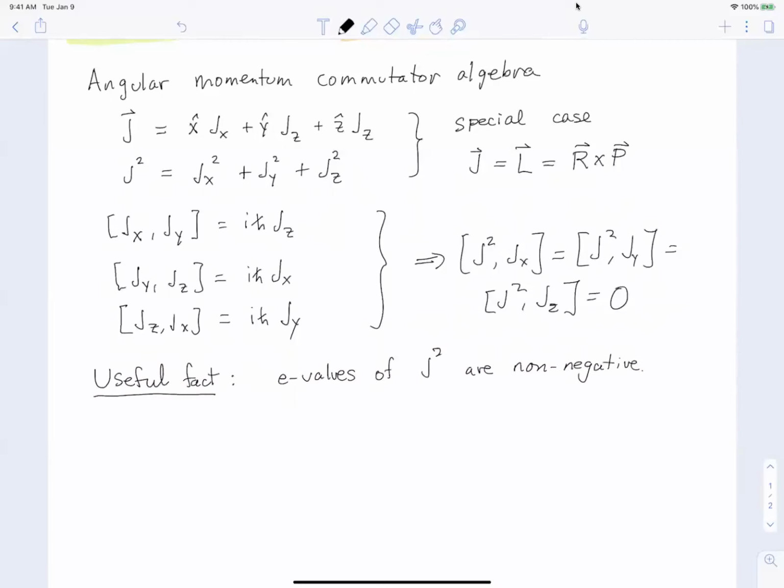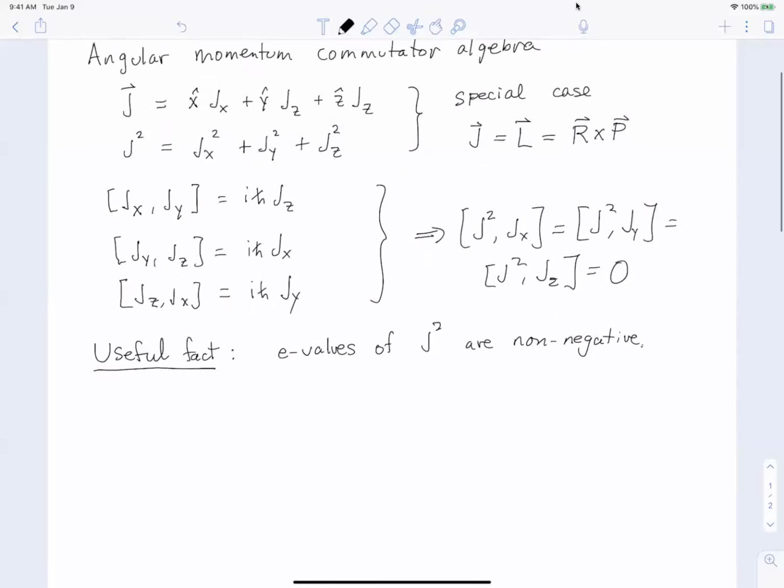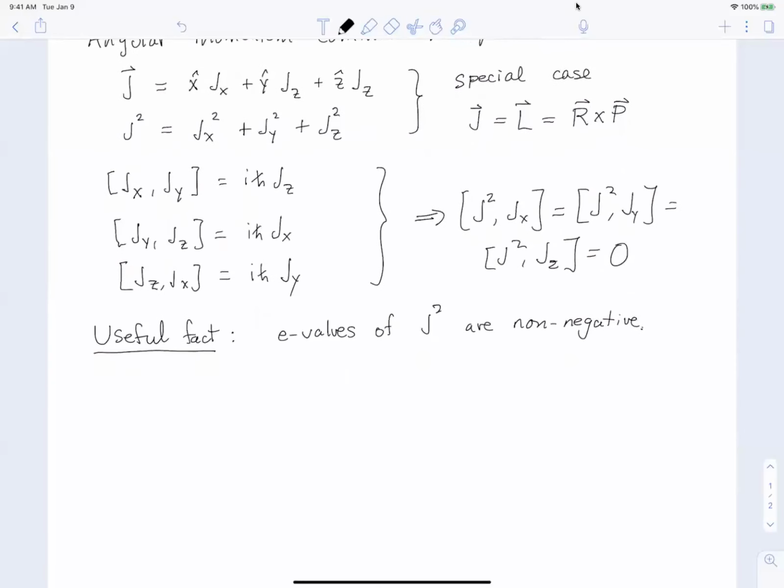Whenever in quantum mechanics you're asked to prove that some eigenvalue of some observable is non-negative, the strategy is almost always exactly the same. In fact, the proof that I'm about to show you is very similar to what we did for the Hamiltonian of the harmonic oscillator.